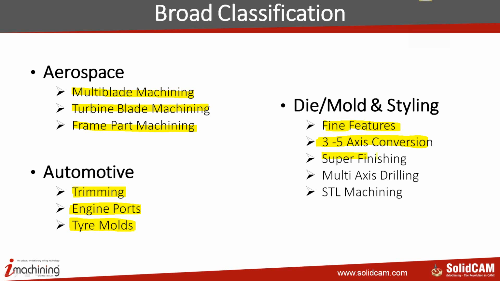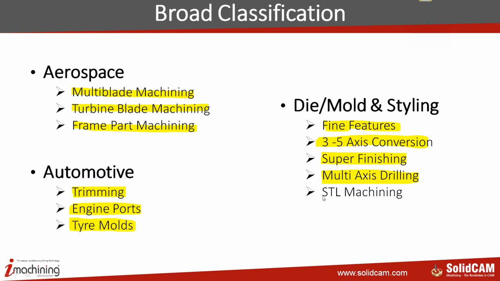And then I'll show you some features. This all will happen only next week: super finishing of molds, and multi-axis drilling in 5-axis, where, when we have a model, SolidCAM identifies the features available on the model and converts them into a drilling program using the 5-axis engine.